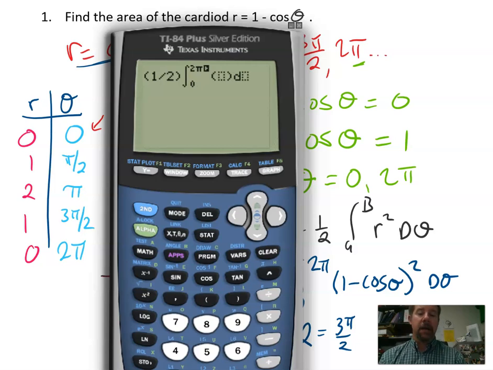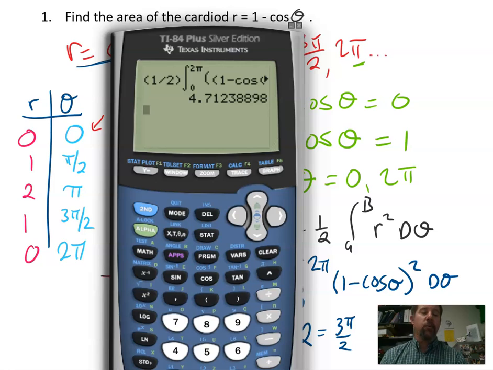And then I just got to plug in my r, 1 minus cosine theta, again in parentheses squared, then my d theta, and see, we get our 4.7123, 4.712, right?